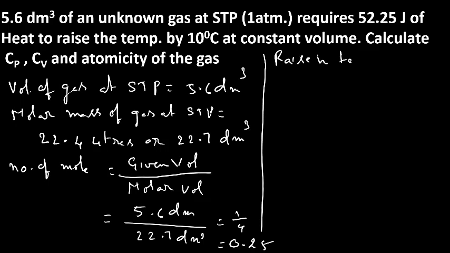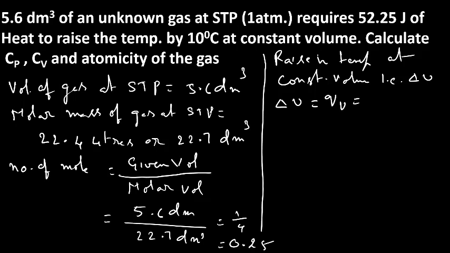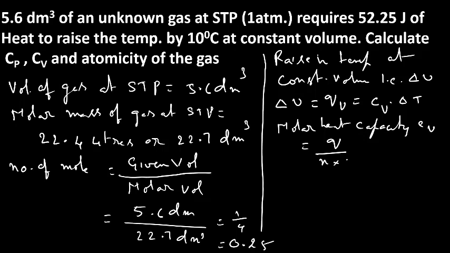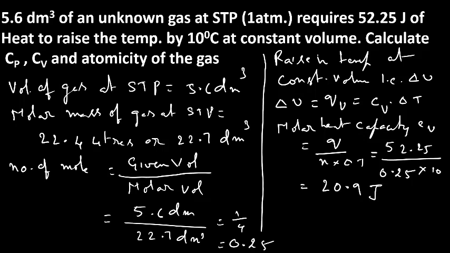Rise in temperature at constant volume, that is delta U. Therefore, delta U equal to, it is nothing but Qv equal to molar heat capacity at constant volume Cv into delta T. So, molar heat capacity Cv is equal to Q by number of moles into delta T, equal to amount of heat absorbed 52.25 joule by number of moles, how much? 0.25 into rise in temperature 10, equal to 20.9 joule mole minus 1 K minus 1. So this is Cv.